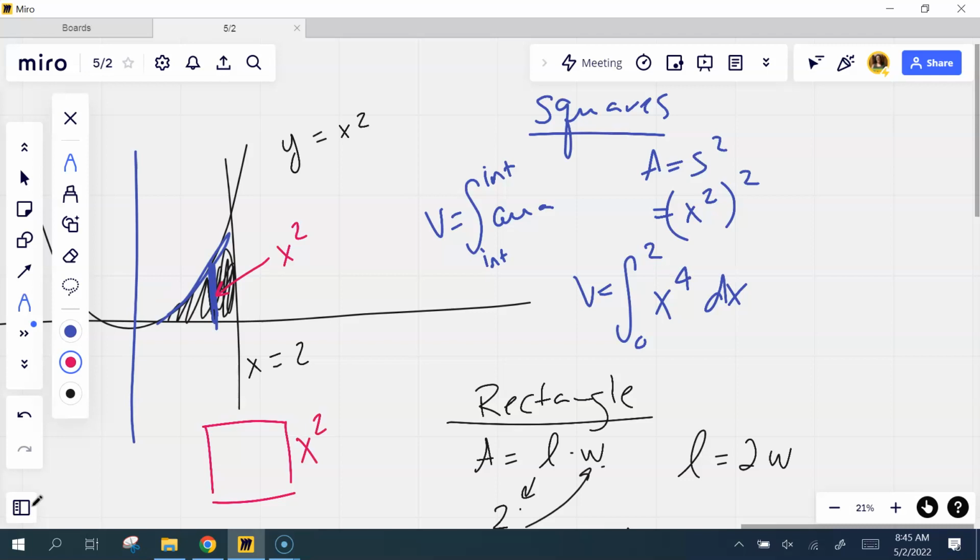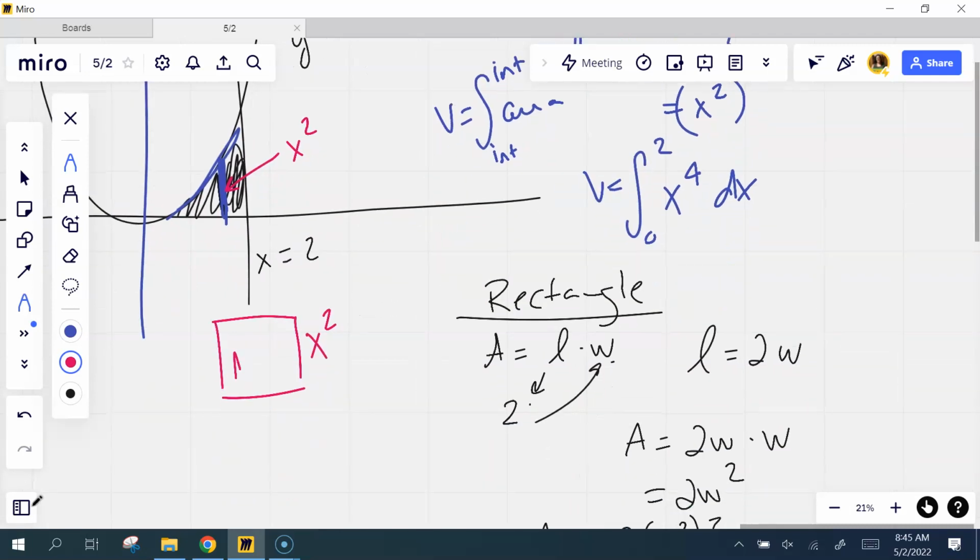You do x squared times x squared, and then you integrate that. For a square. But whatever the shape is, you use that. What if it had said circular cross sections? Pi r squared, what's your r? What if it had said semicircular cross sections? Whatever the shape is, you find the equation for the area, and then you integrate it.